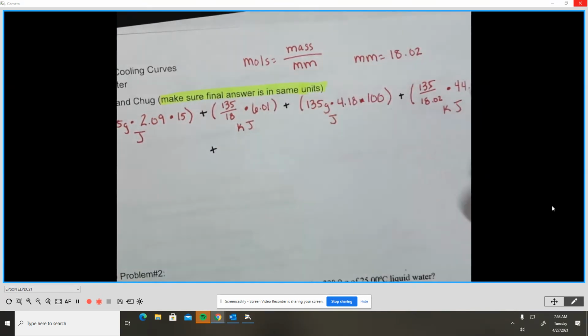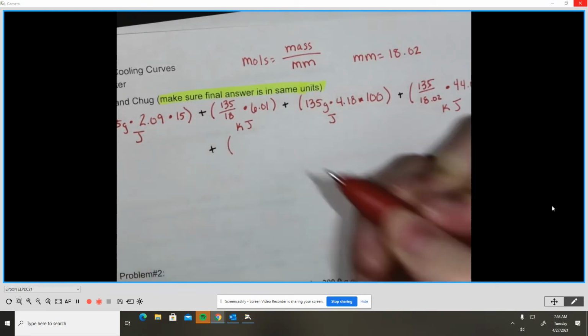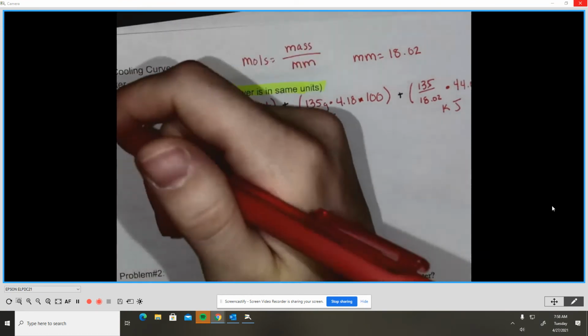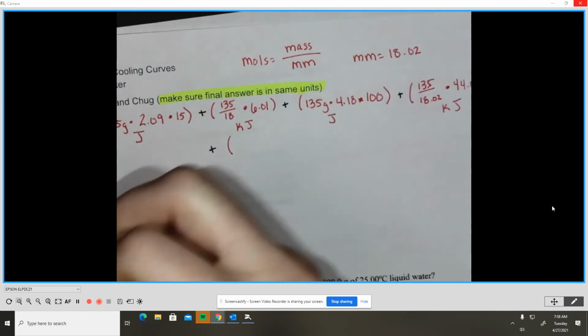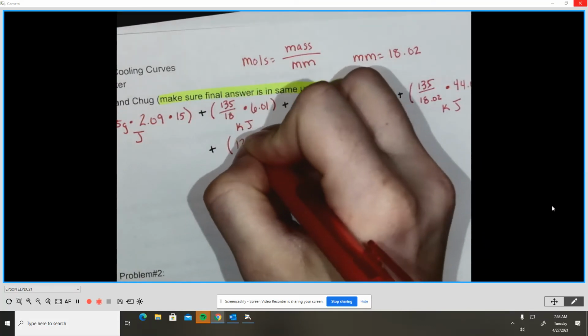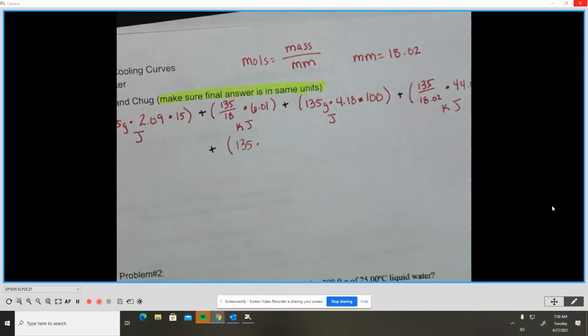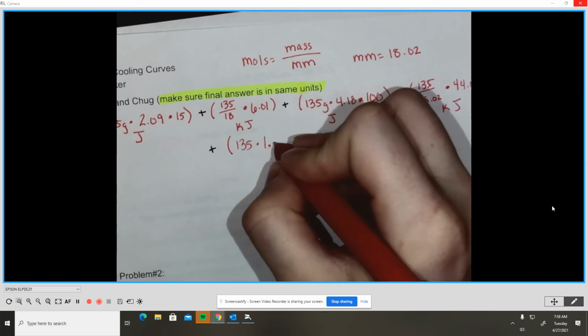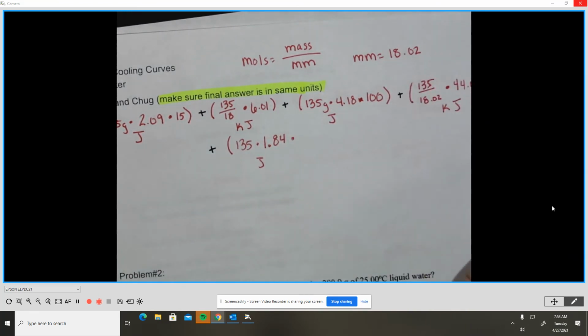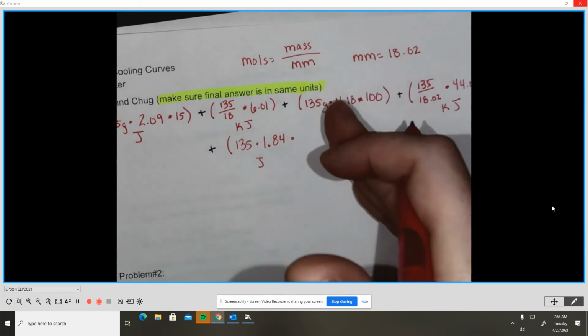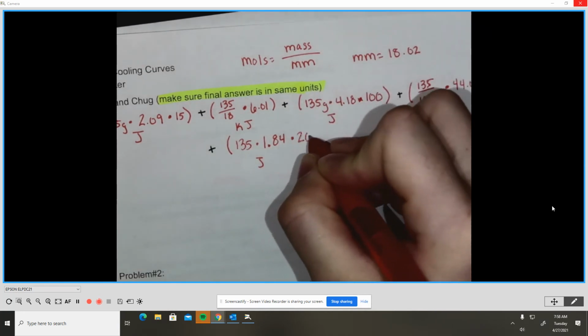And then the very last step that we're doing is we are heating our vapor to 120. So 135 grams of vapor times the specific heat of water vapor, which is 1.84. That one is in joules. Times our change in temperature. So we went from 100 to 120, so our change in temperature is 20.